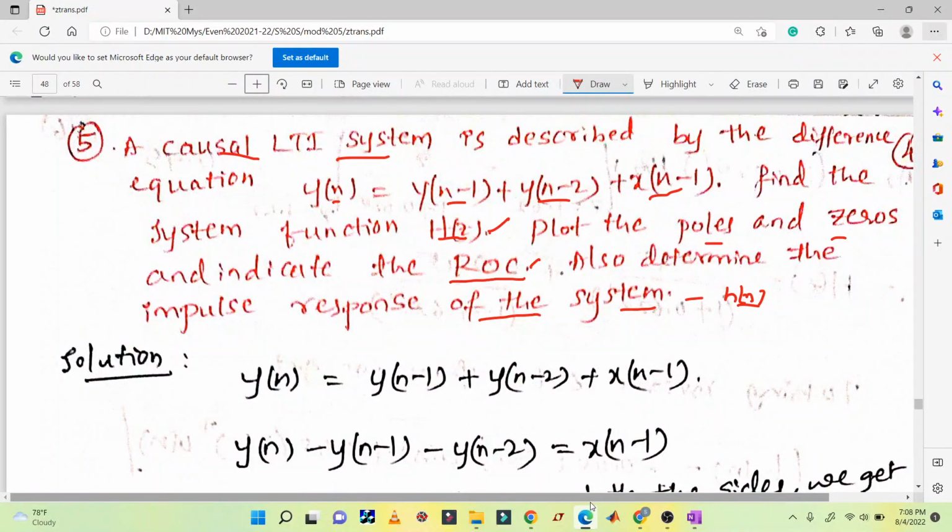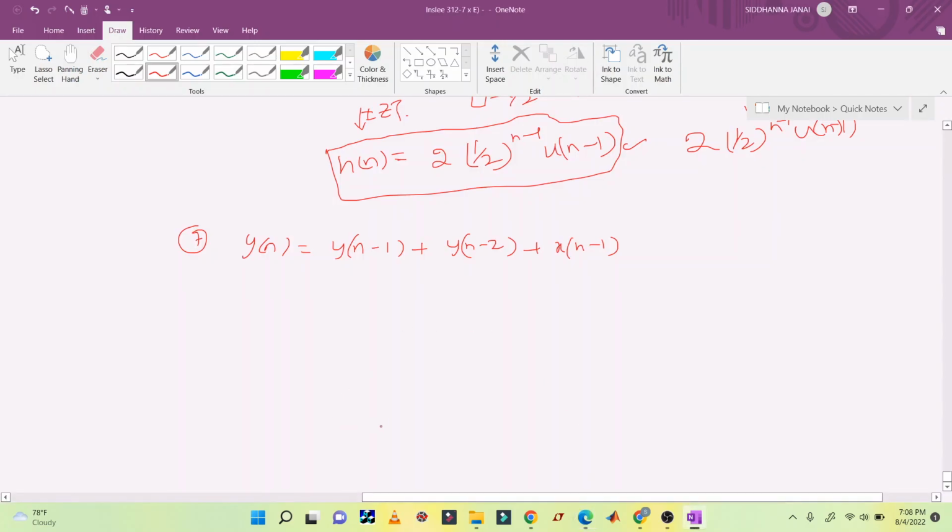This is the difference equation given. For this, we need to find h of z, poles and zeros, ROC, and h of n.